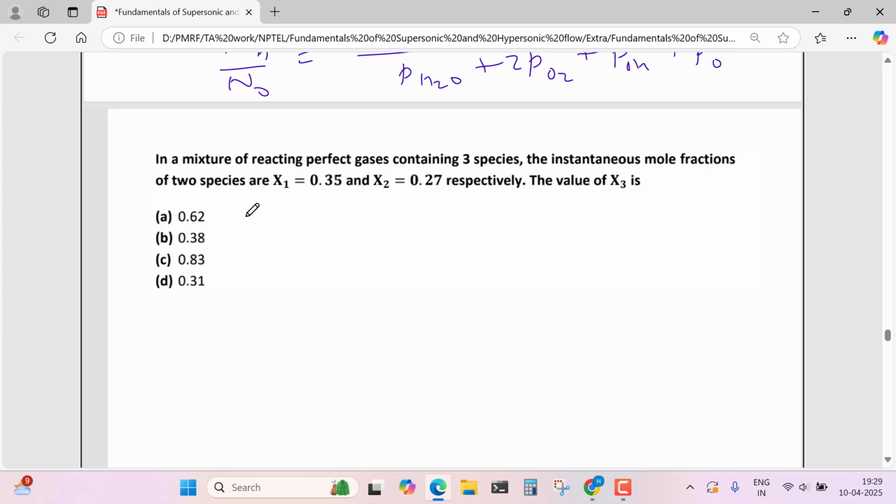The value of x3 is: A 0.62, B 0.68, C 0.83, D 0.31.